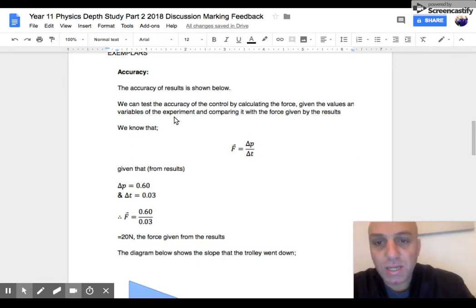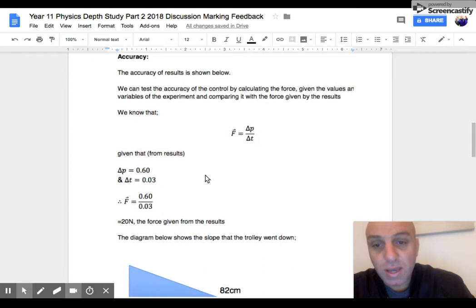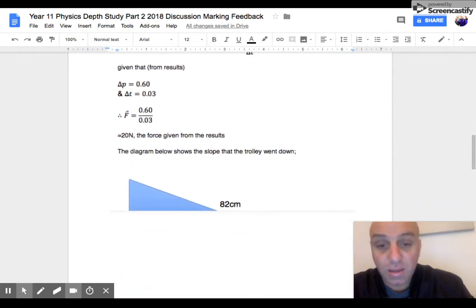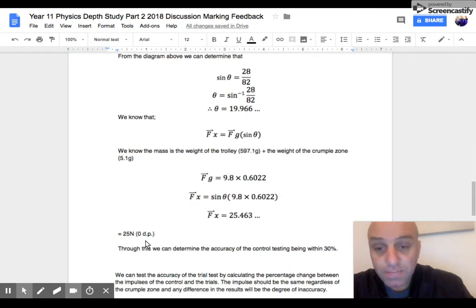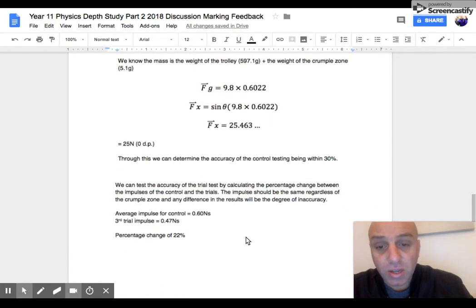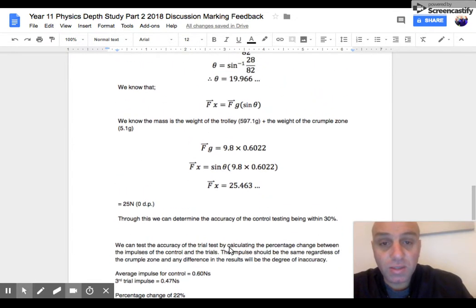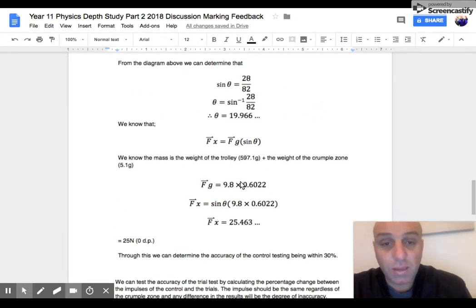So what the person did is he went through and he showed, using correct notation and language, physics language, not just vague, made up language, and he actually calculated the forces and determined the percentage change of his crumple zone compared to without his crumple zone. So that's the way that I would expect a Year 11 student to address reliability, validity, and accuracy. They would have some sort of discourse, something like this.